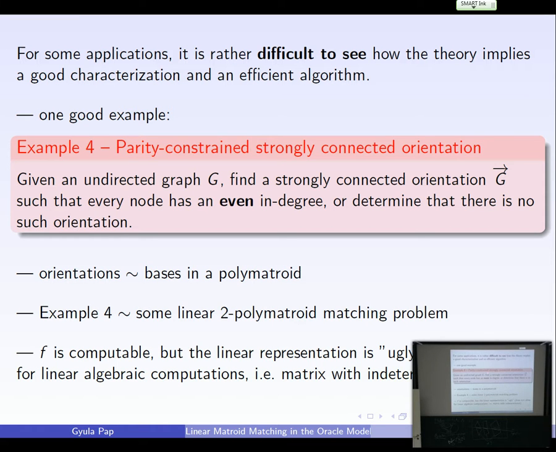So this, in a way, reduces to Lovász's min-max formula, but that is computationally infeasible because we have to do linear algebraic computations in this kind of ugly representation, and somehow the indeterminacy in the matrix goes away exponentially.